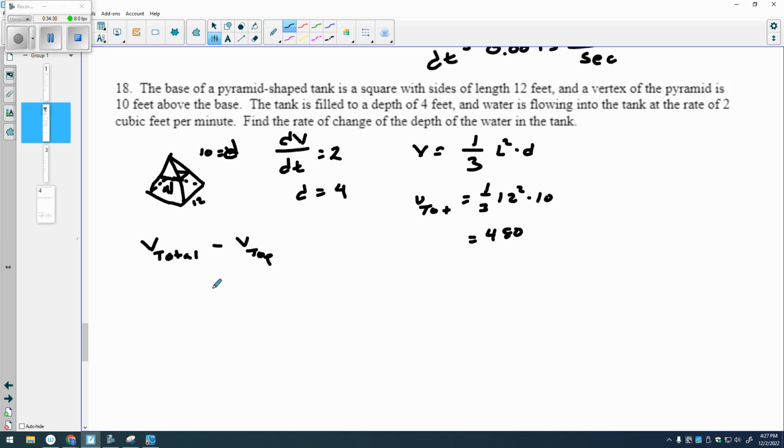Going back to the idea we did a while back, the length divided by the depth is going to equal 12 over 10. Doing a little cross multiplying and solving, I get the length is going to be 3/5 the depth.